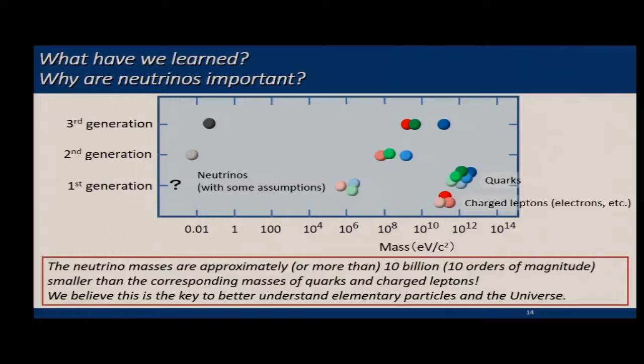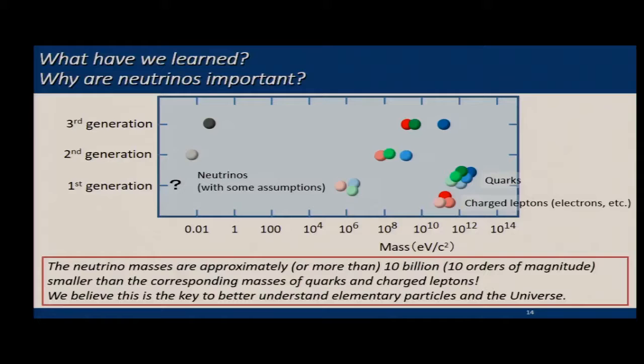In fact, if you read the figure carefully, we notice that the neutrino masses are approximately 10 billion times, or 10 orders of magnitude, smaller than the corresponding masses of quarks and charged leptons.